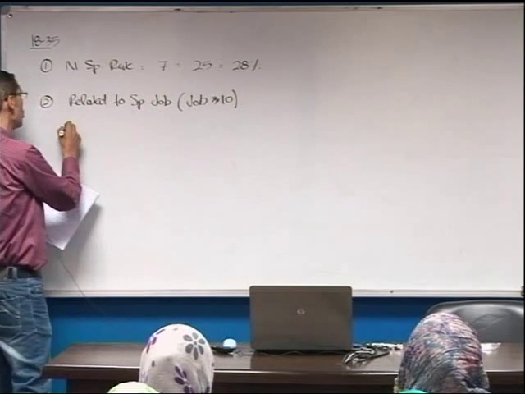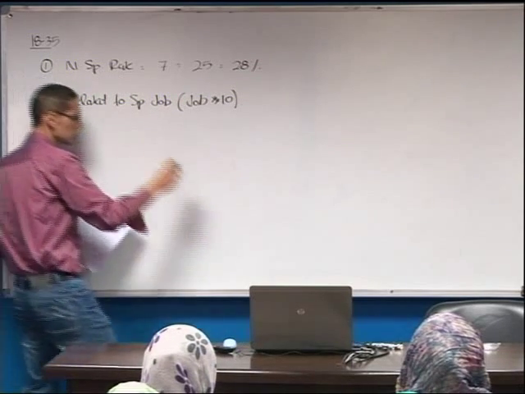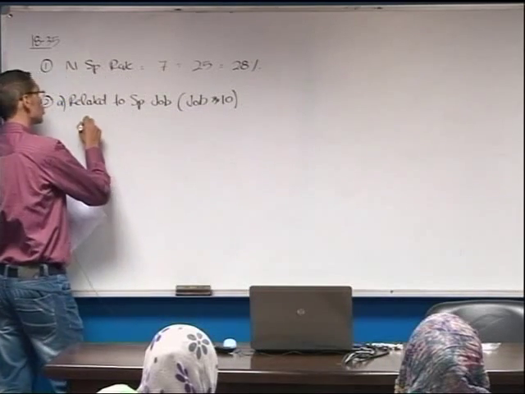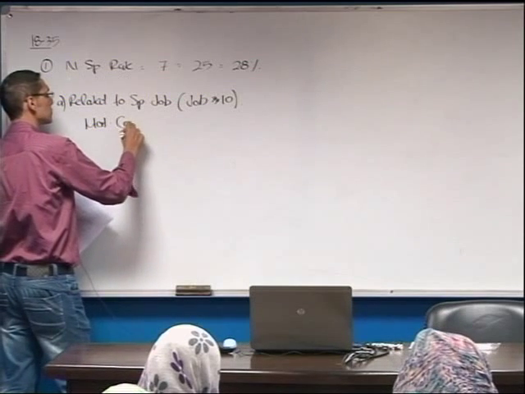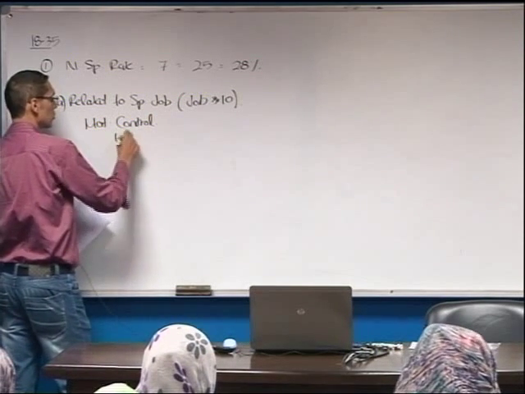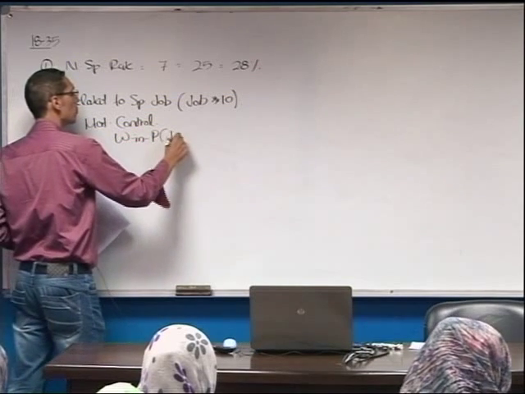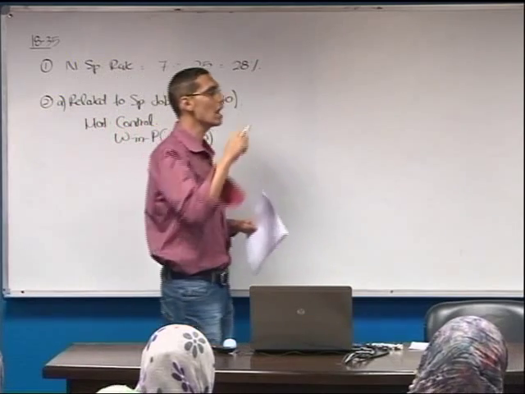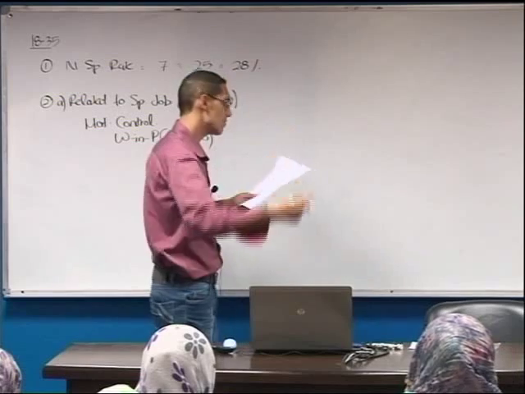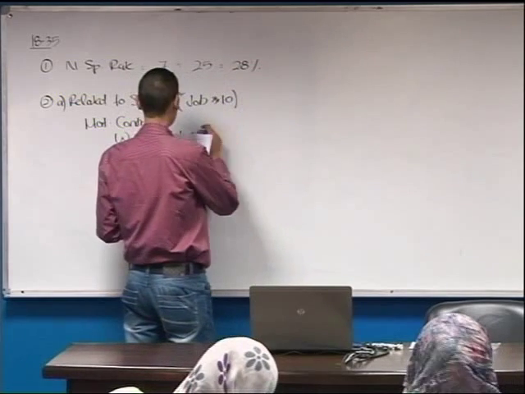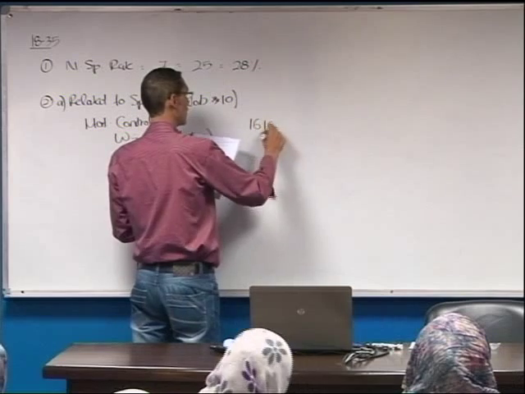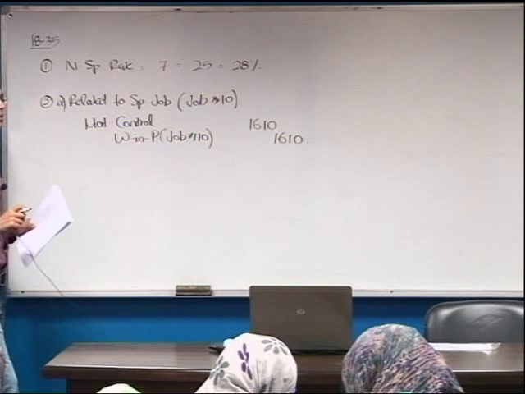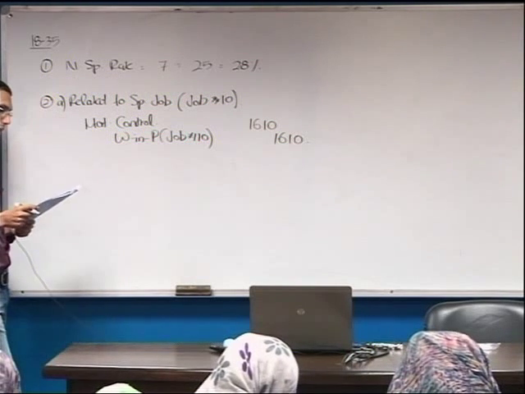So for 2A, materials control will be debited, and work in process job number 10 would be credited, by the amount of $230 multiplied by 7 units, which is $1,610. Any questions?